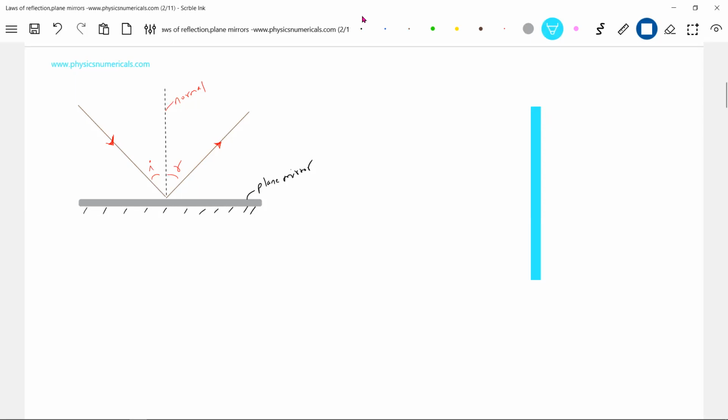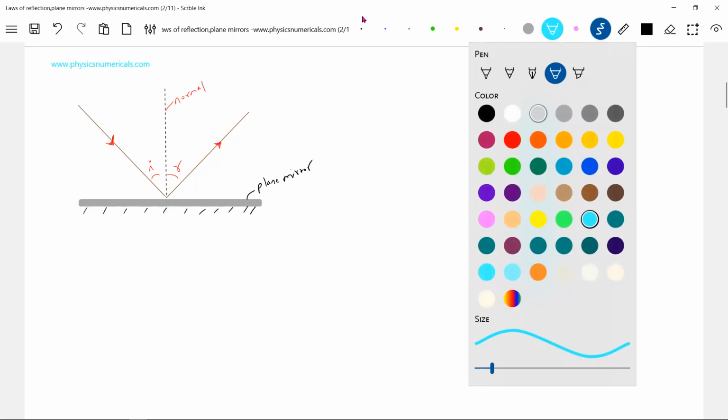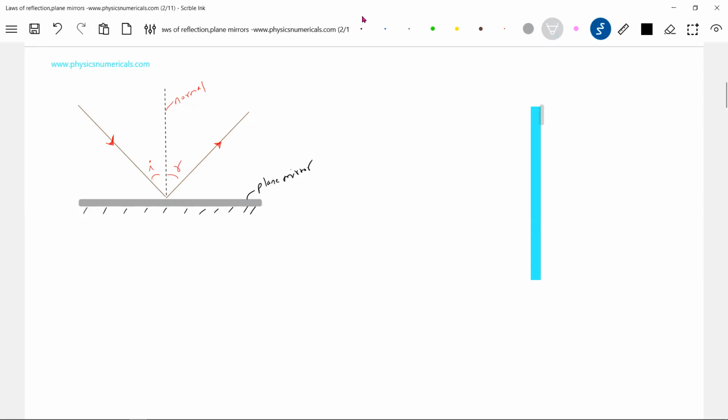Let me show the thin glass. On it, I will give the silver or aluminum coating. Let me call this a silver or aluminum coating.